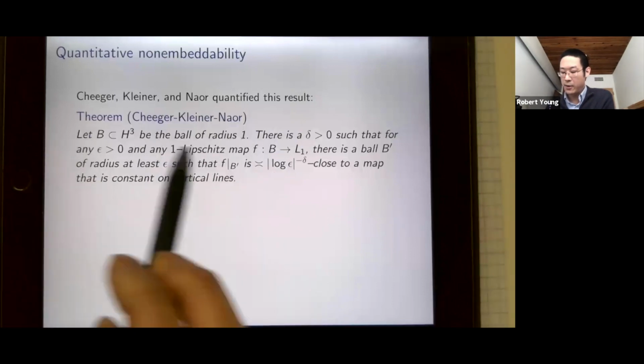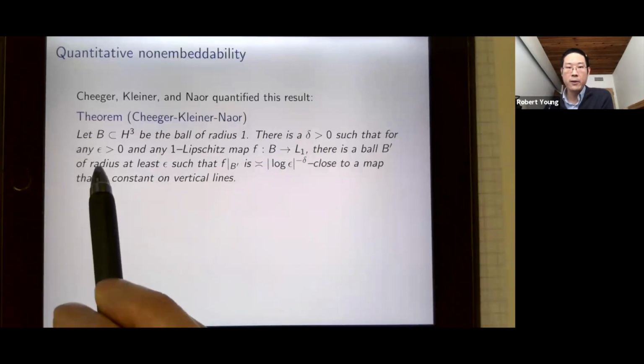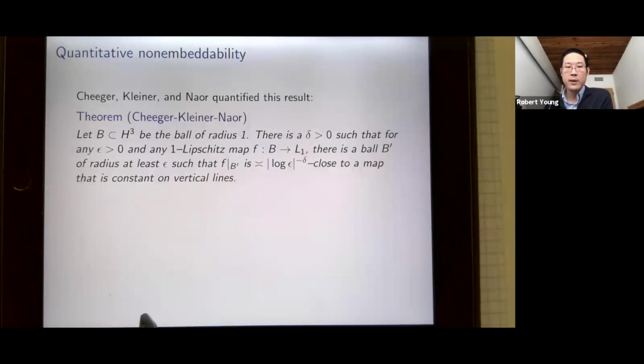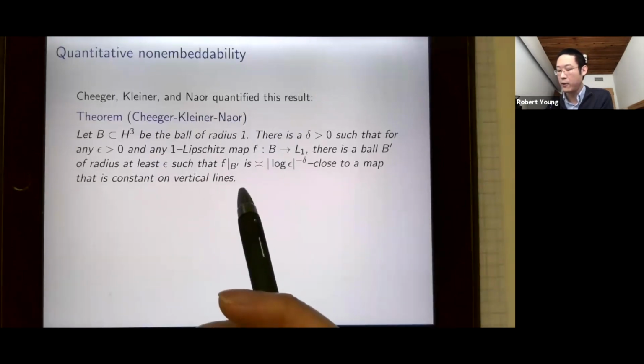If you start with the unit ball, there's some delta greater than 0, such that for any epsilon greater than 0 and any one-Lipschitz map, you can find a ball B prime of radius at least epsilon inside the unit ball, such that the restriction of f to that smaller ball is (log 1/epsilon)^(-delta) close to a map that's constant on vertical lines.